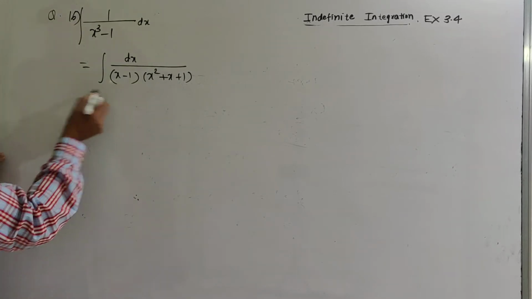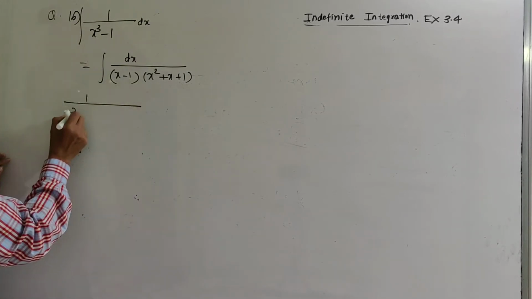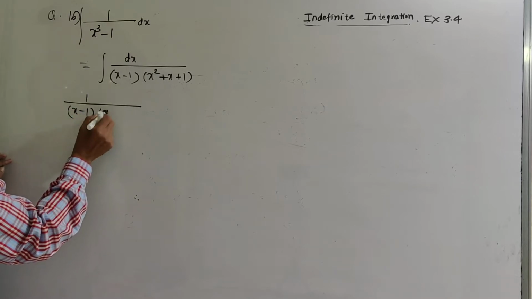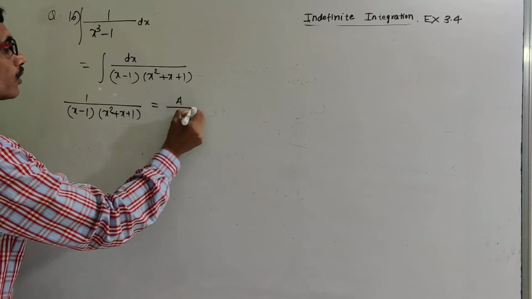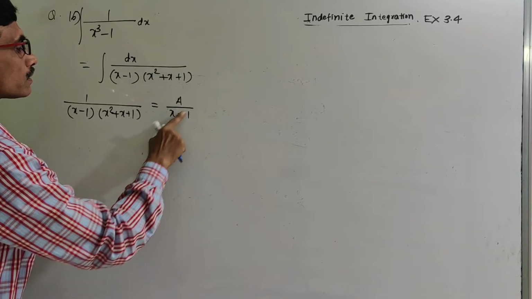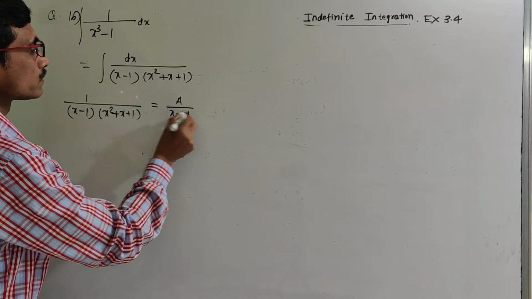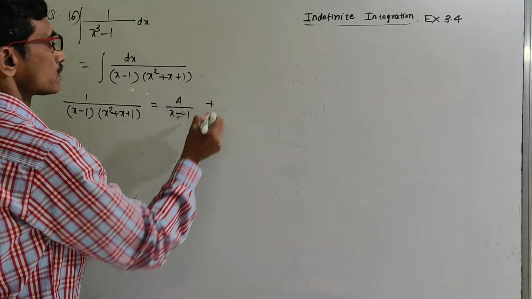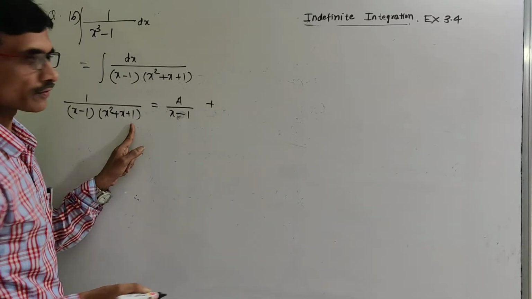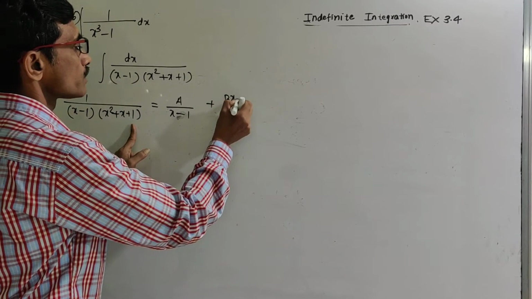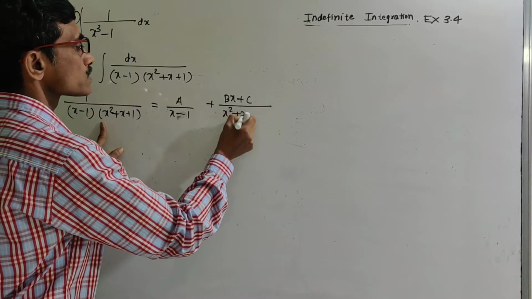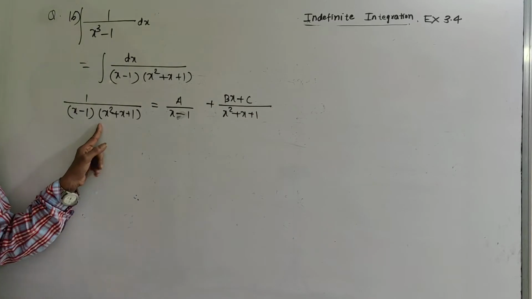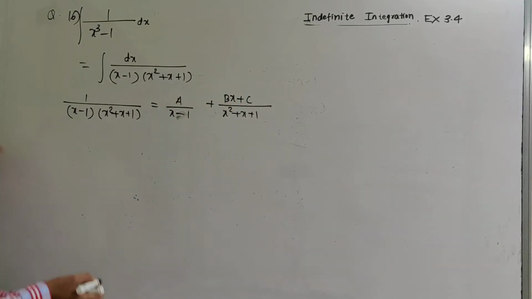So we put the partial fraction as a upon x minus 1 plus, since this factor is quadratic, bx plus c as the numerator over x square plus x plus 1. Now a, b, c we have to find.